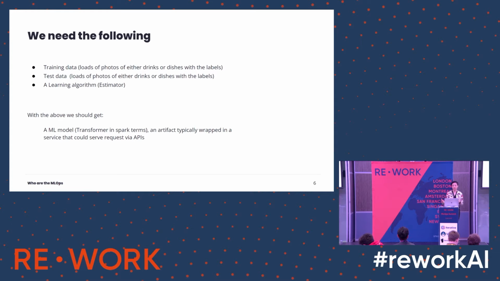In Yelp, we use Spark pretty much for all our batch processing. We also have Flink, but mostly Flink is used for real-time purposes. With all of the above, ideally we should get a machine learning model which can be used to serve, to label, to classify these data.